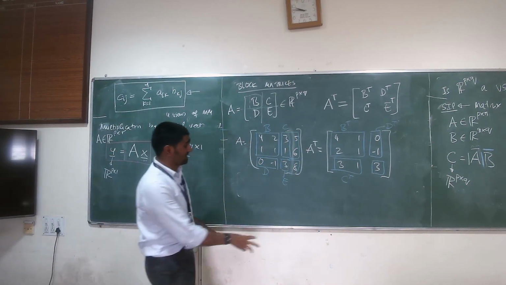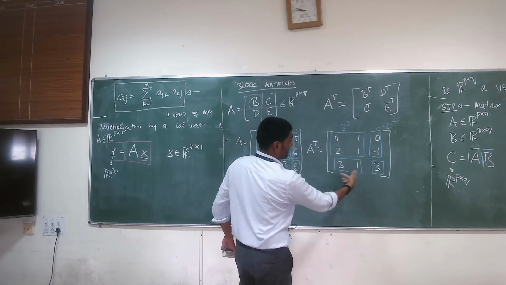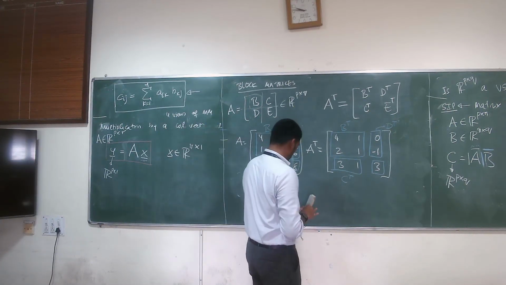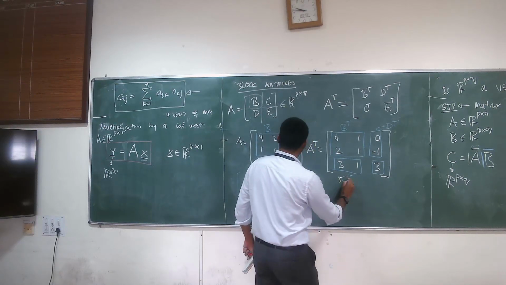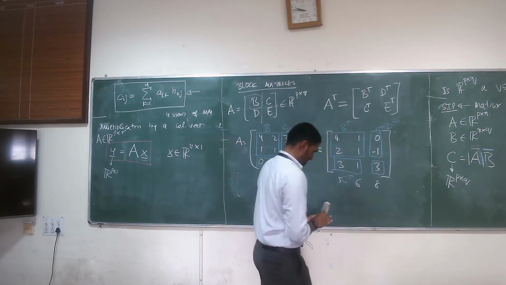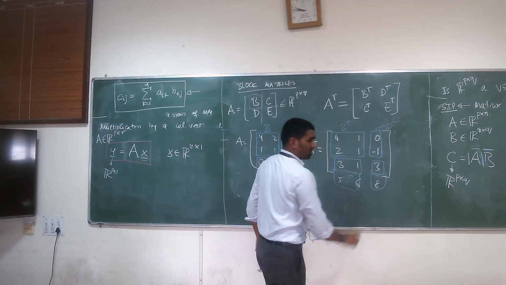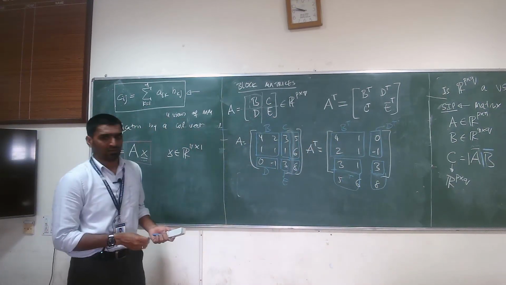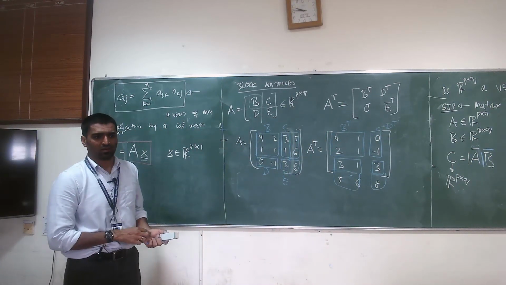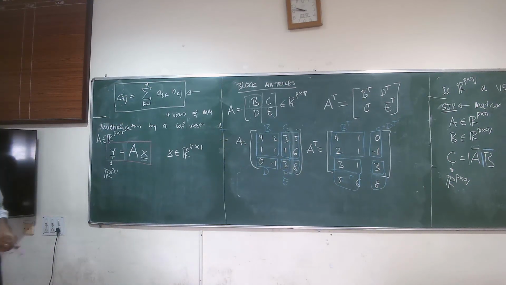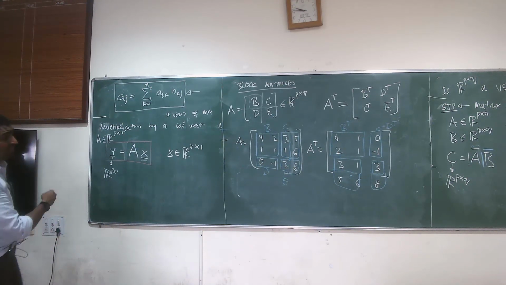If this was the new matrix, then of course you have another row here, and we can write that down. So this becomes your new matrix. All right, that's block representation. We've almost run out of time, but I will just finish this.